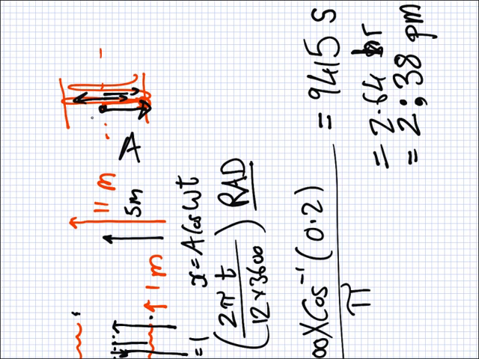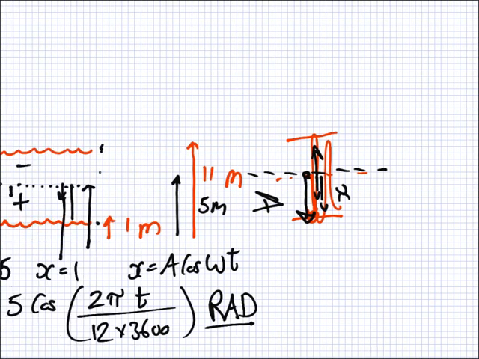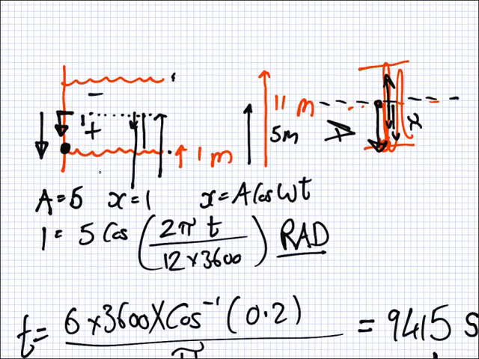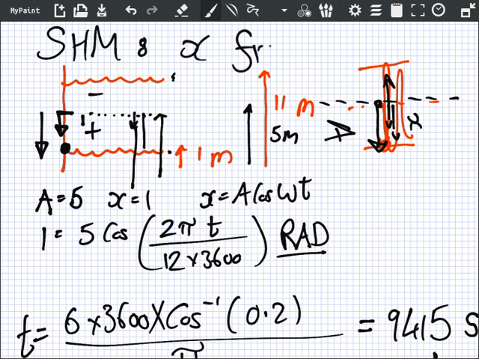Now here's the x negative. So this is x, the distance from the equilibrium. Tell me, if you don't think that's x, what do you think x should be? For simple harmonic motion, the x is always from the equilibrium, from the center to the right.